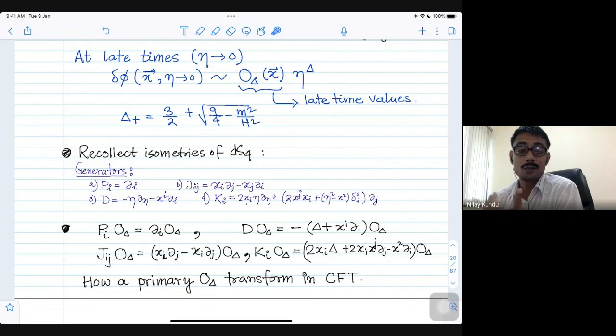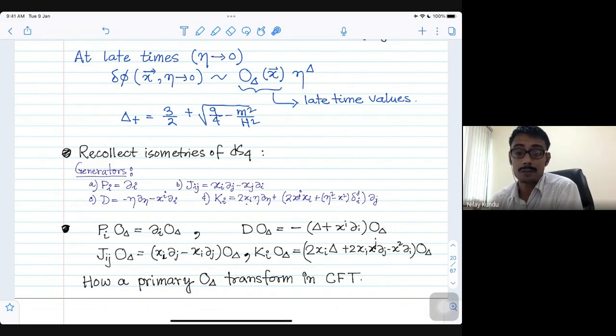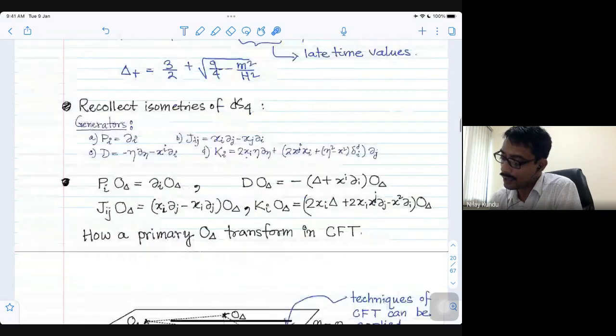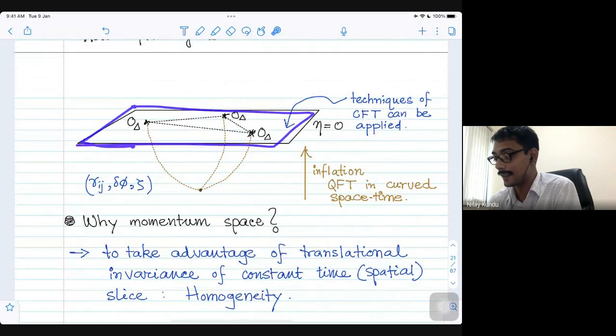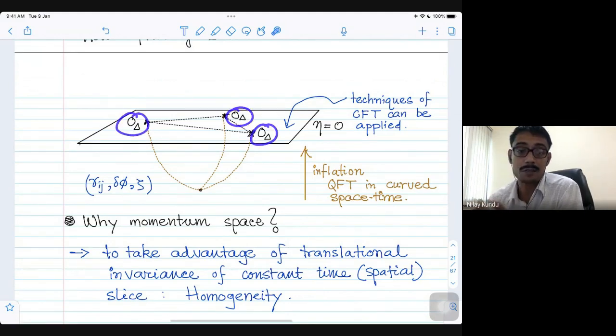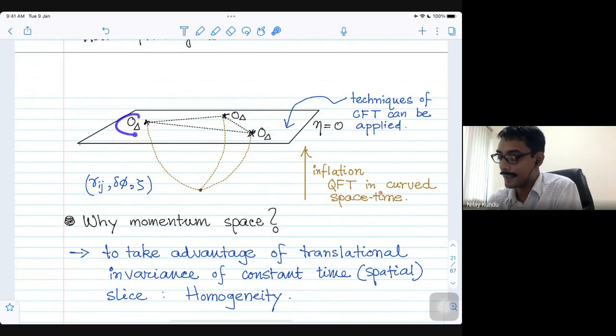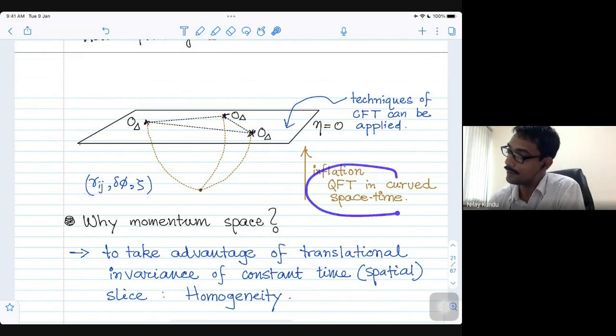Those of you who are familiar with conformal field theory will recognize this as how a primary operator with dimension delta transforms in a conformal field theory. All that we are saying is that on this slice there is a hypothetical conformal field theory, with various operators of specific dimensions, which are the late time values of the bulk fields present in my QFT in curved spacetime.